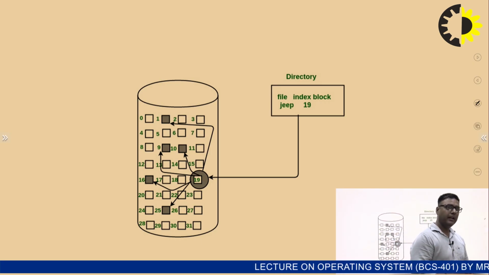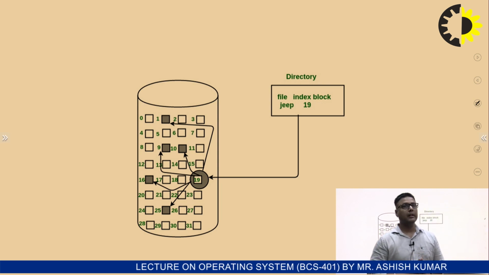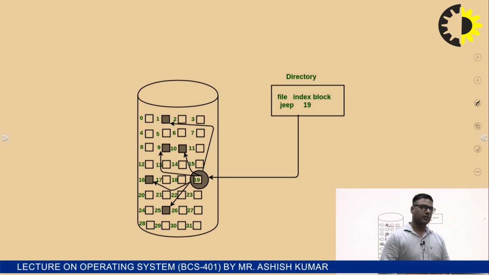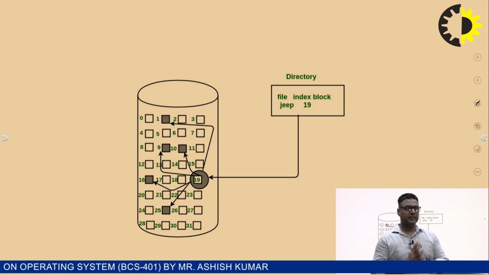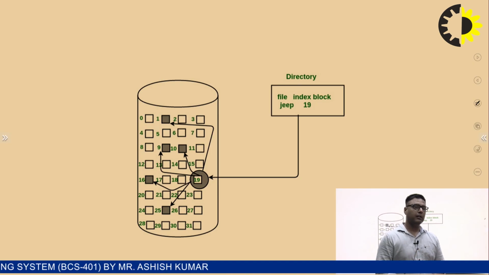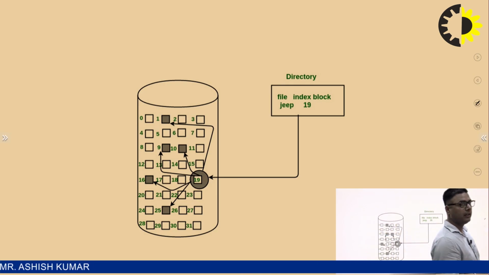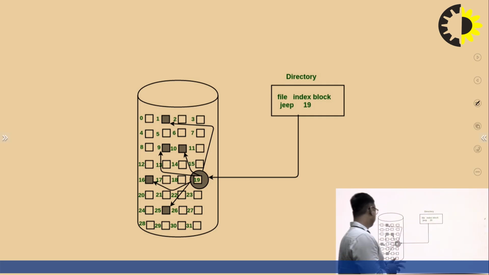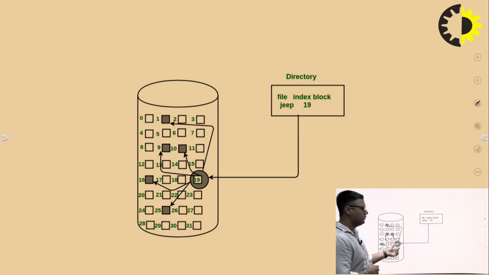So the index works like a book index. Through the index, basically a summary of any data, you know where data is stored and where data is placed. So here the 19th block is your index.